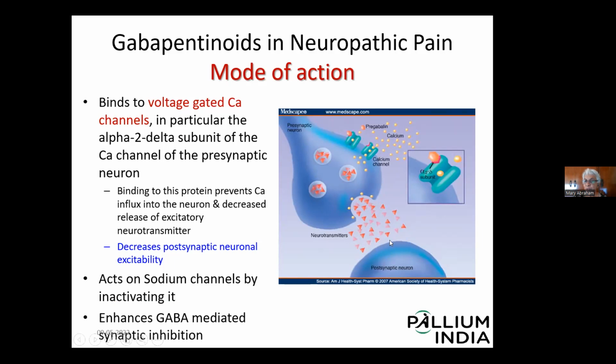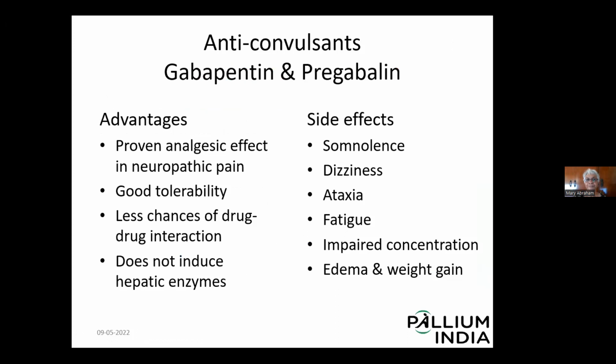Because of these decreased excitatory transmitters like aspartate and glutamate in the synaptic cleft, there is less excitation of the postsynaptic neuron. Besides that, they can also act on the sodium channels by inactivating them, and they enhance GABA-mediated synaptic inhibition. So those are the other two mechanisms by which these gabapentinoids exert their analgesic properties in neuropathic pain.